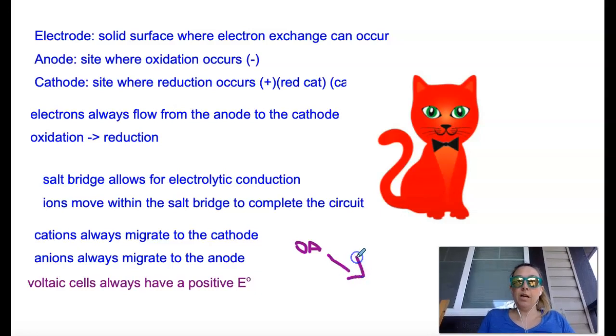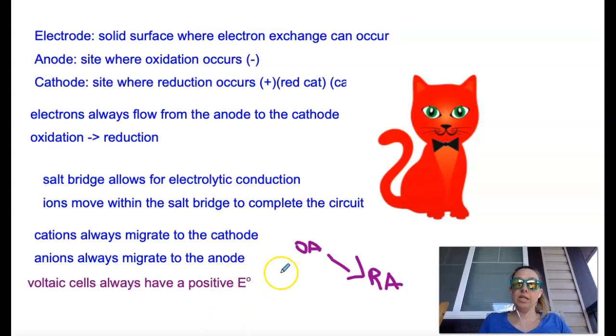That's because voltaic cells are always going to be spontaneous. If ever you find that you've been asked to draw a voltaic cell and you've gotten a negative E naught, you've probably misidentified your SOA or your SRA. So it's important to go back and figure out where that's going to be.